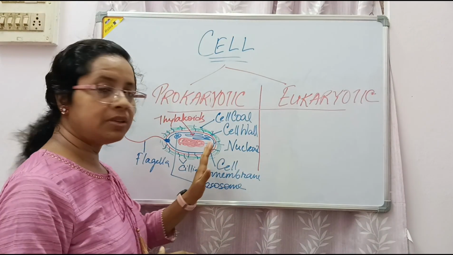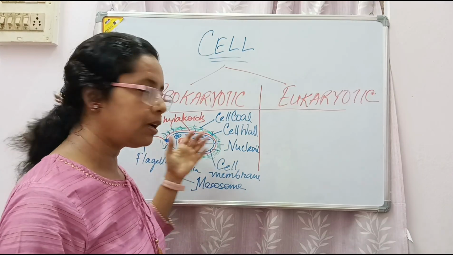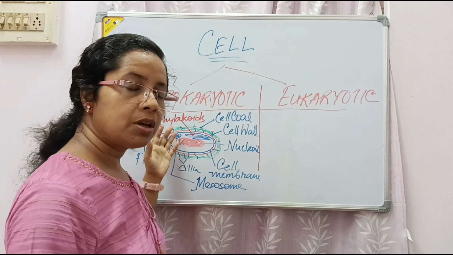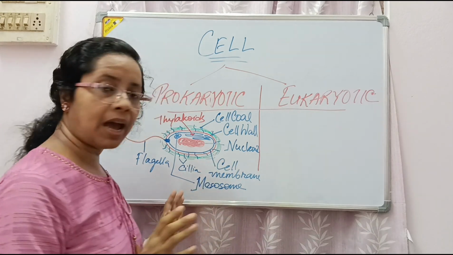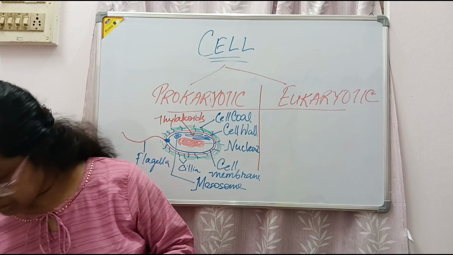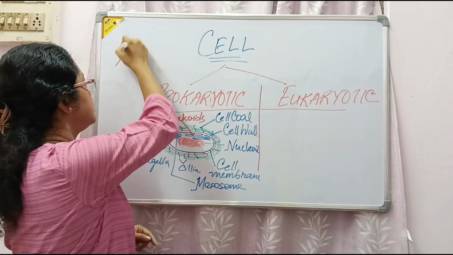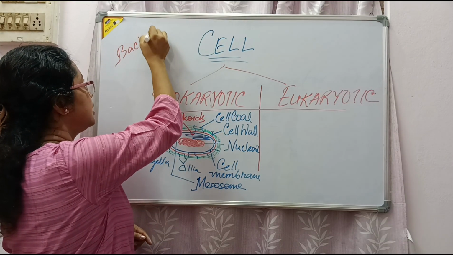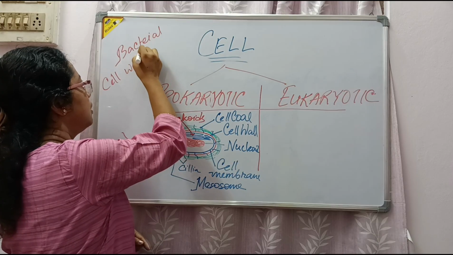And from here, what are important things? From prokaryotic cells, from bacteria, what could be the possible questions? What is the main content of the cell wall? Peptidoglycan. So, bacterial cell wall, what is the main content? Let me write here. Bacterial cell wall.